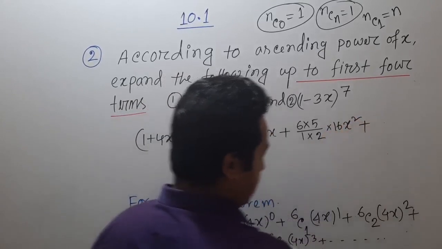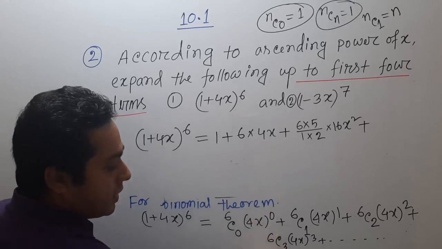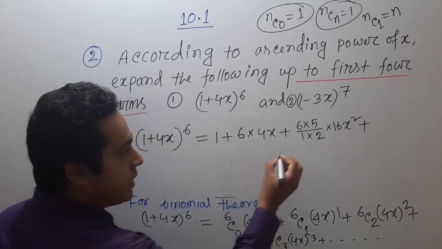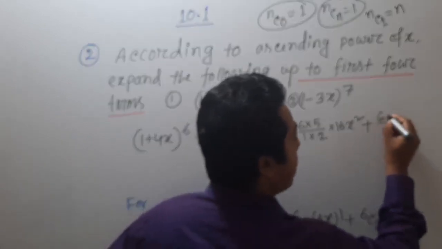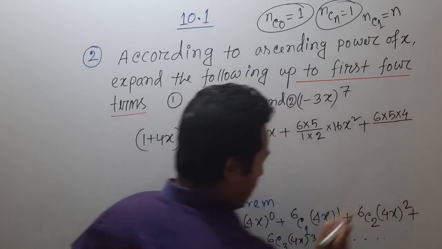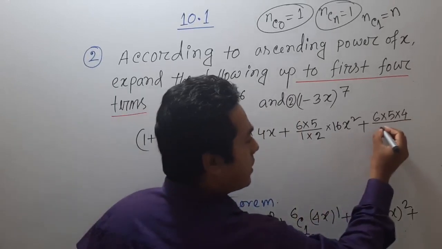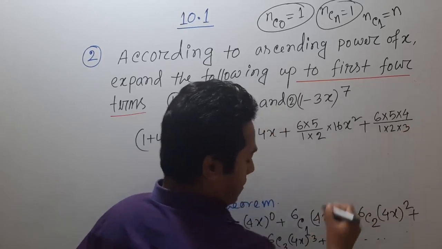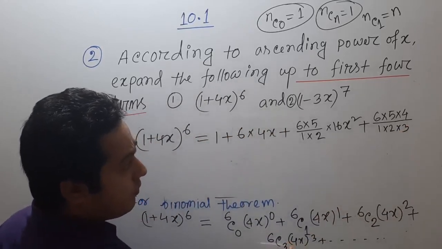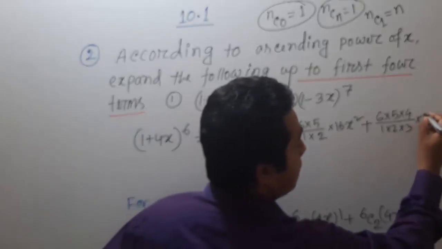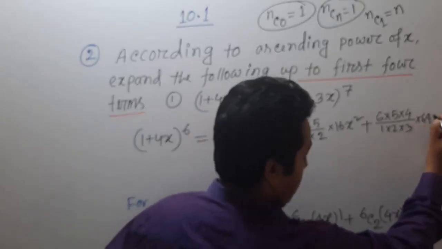And plus 6C3: this number is 3, so we write 6, 5 and 4 over 1 into 2 into 3, and 4 cubed is 64x cubed.